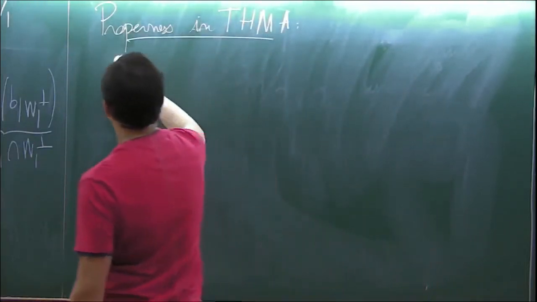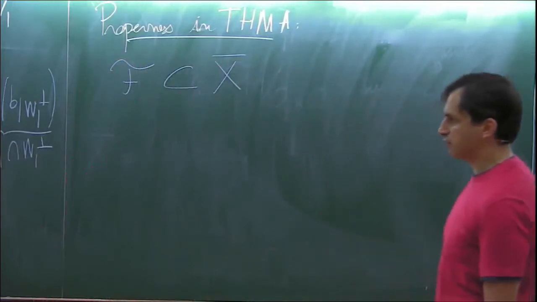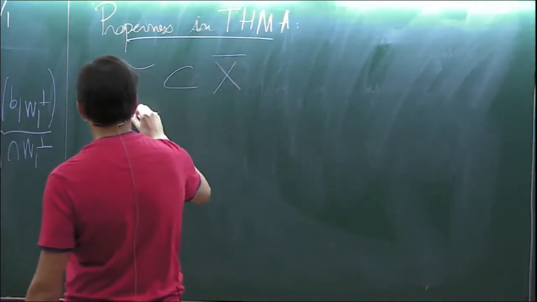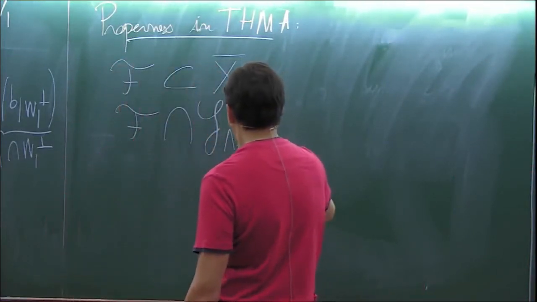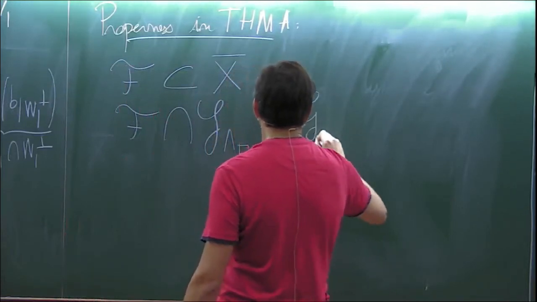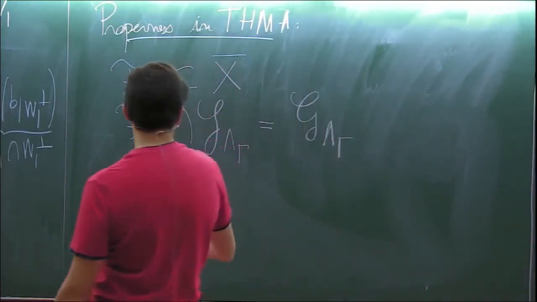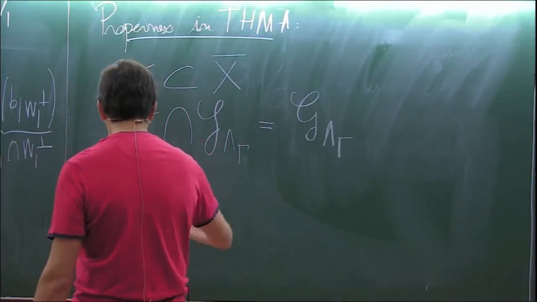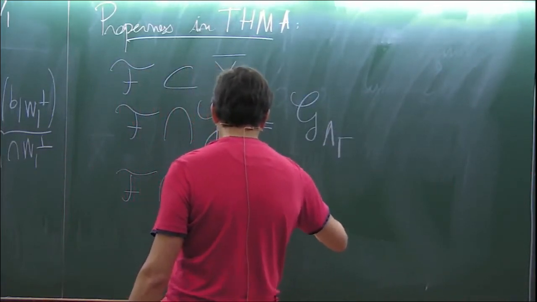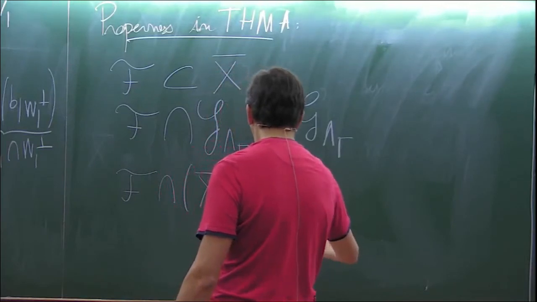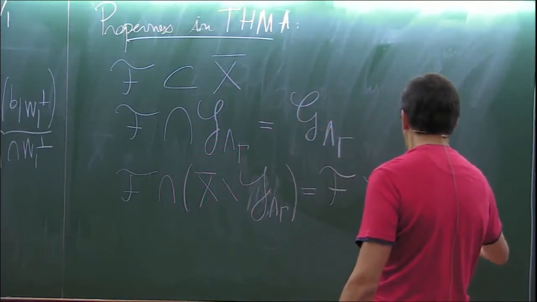I have F, which is a space of isotropic lines, which is contained in X bar, and the intersection of F with the set we remove in X bar to have a proper action is precisely the set I call G. And the intersection of F with this complement Y is exactly the complement of G of lambda gamma.